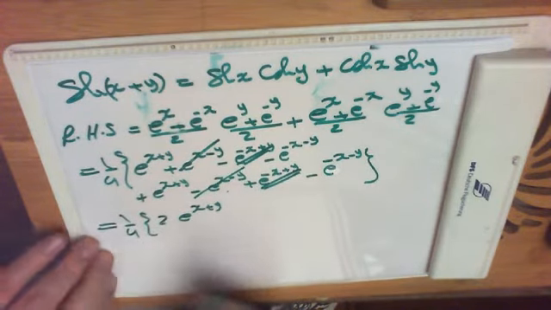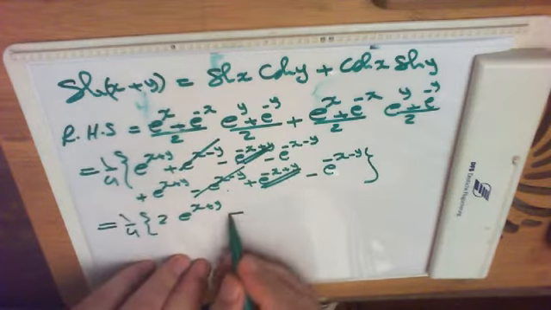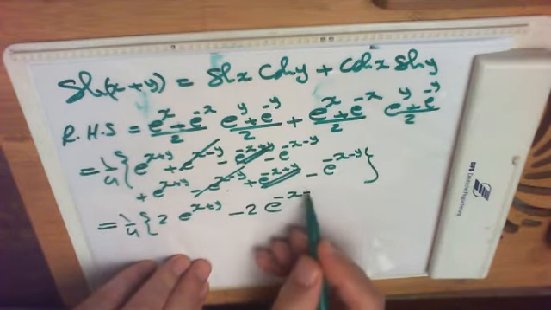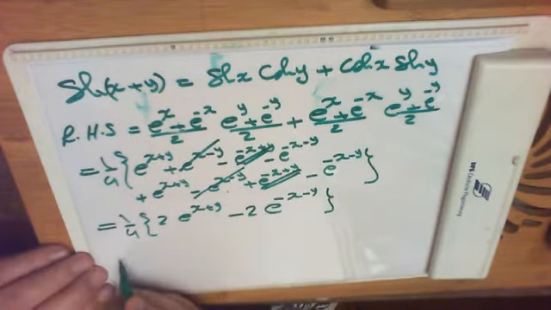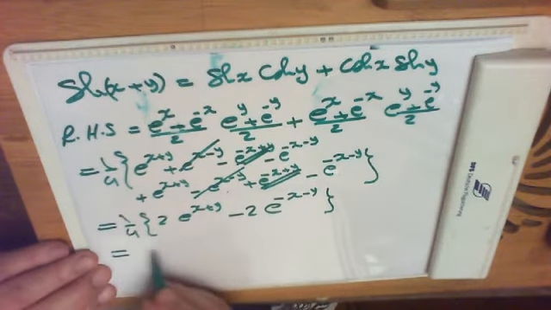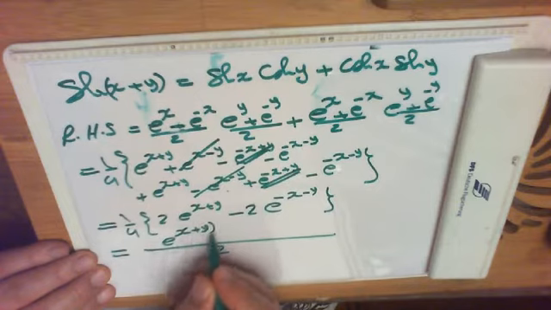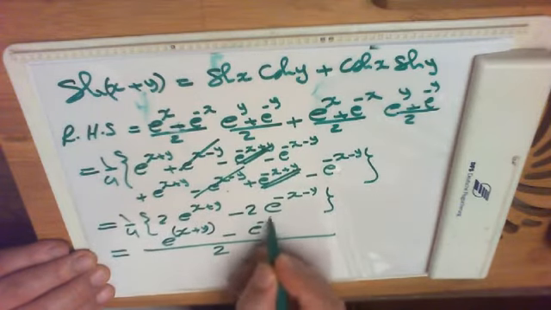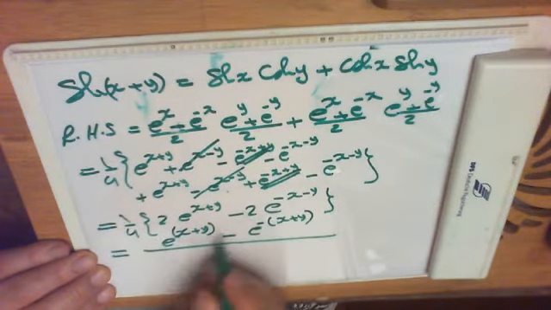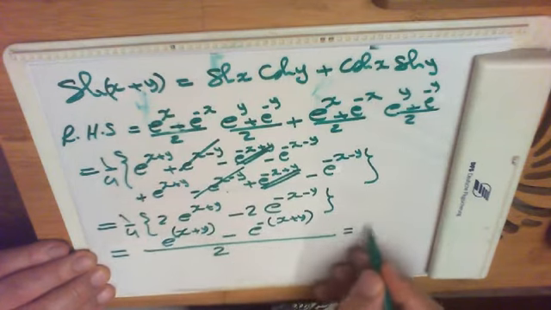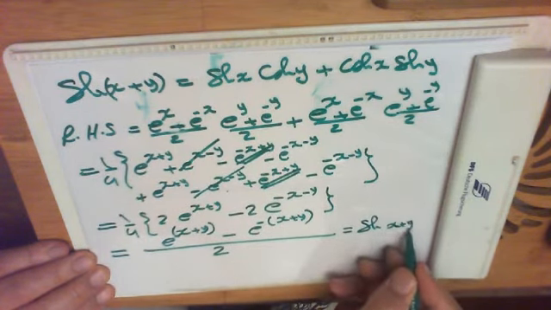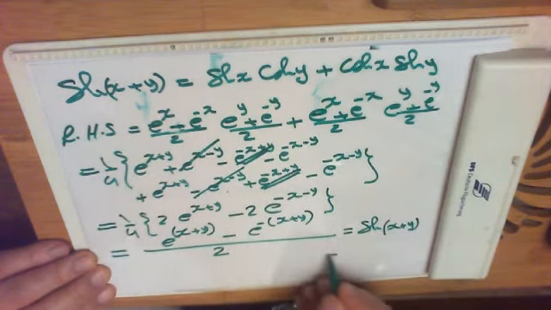Now this with this is minus 2e to minus x minus y. Take 2 as a common factor. With 4 you have 1/2 times e to x plus y minus e to minus x minus y. This is the definition of sinh(x plus y), which is the left hand side.